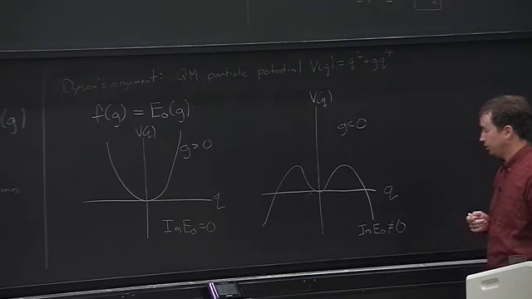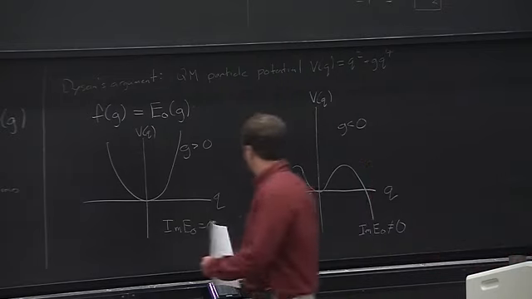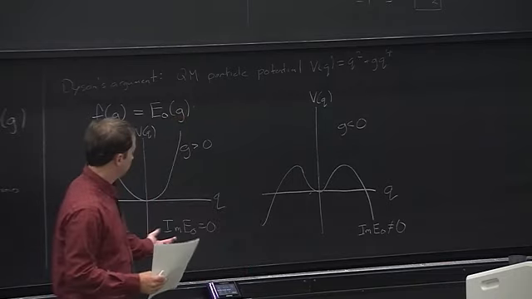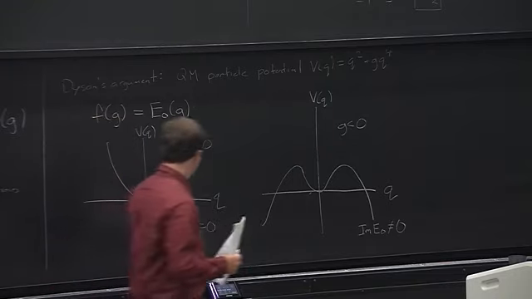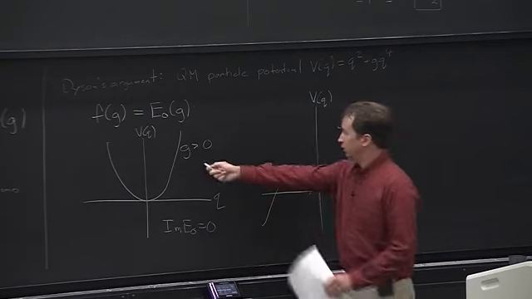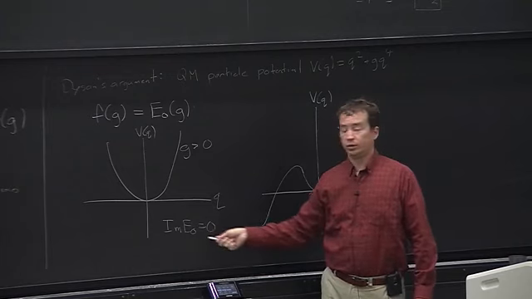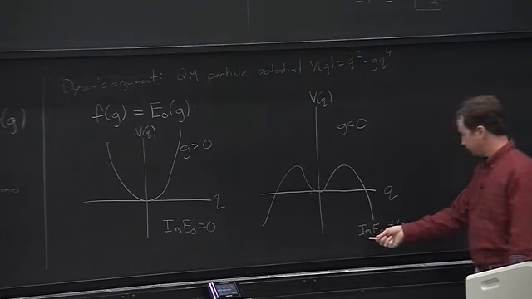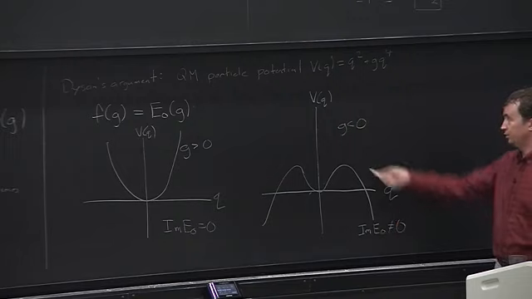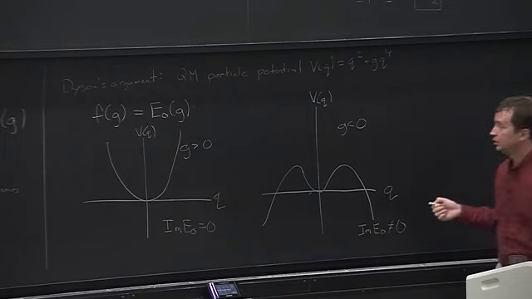So there'll be an imaginary part. So we've got a situation in which the quantity of interest for any positive g has 0 imaginary part, and it has a non-zero imaginary part for any negative g.